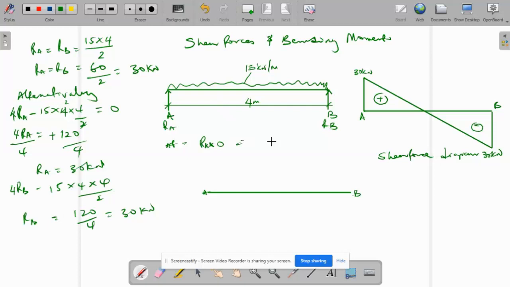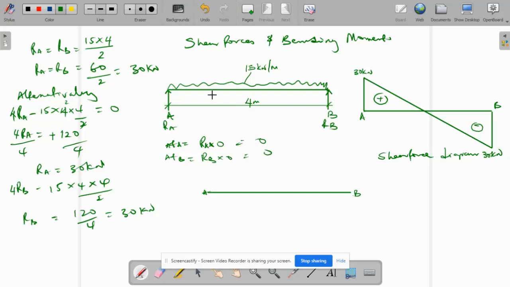So at this point it is going to be 0. At A is equal to 0. At B, same, at B is equal to 0. Reaction B times 0, we have 0.